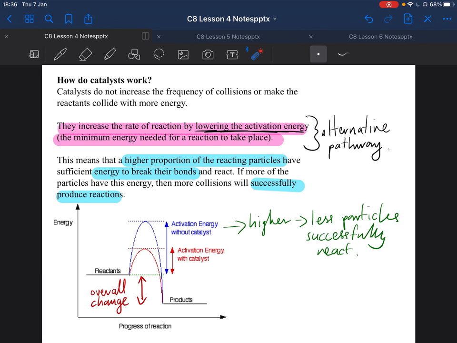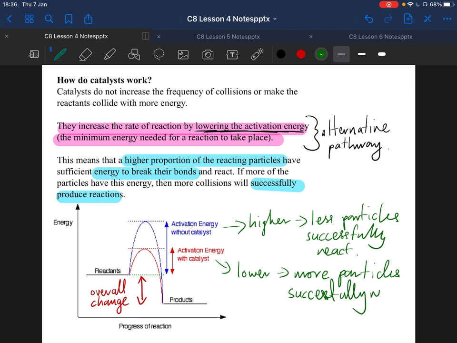If we look at our reaction with our catalyst, we've got a smaller line, less energy is required, the activation energy is lower. And what that means is more particles are going to successfully react. And so we'll end up with a higher rate.